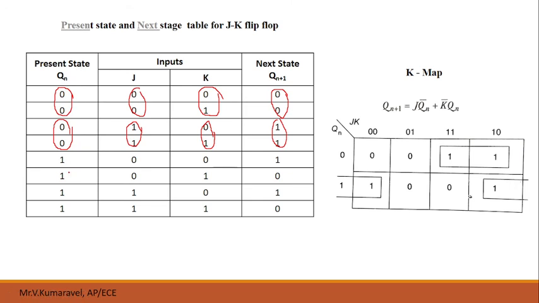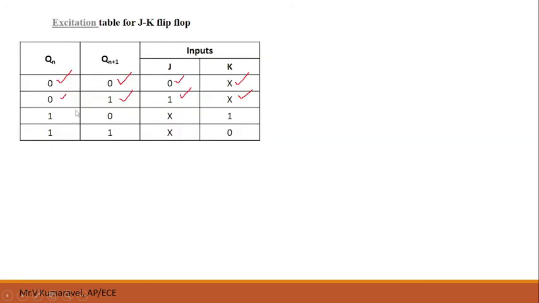So the other case is what? Your present state is 1 and next state is 0. Under this case, what happens? Your K remains the same, K is 1, but J will vary between 0 and 1. Therefore, for the third case, that is 10 for present state and next state, J is don't care and K is 1.